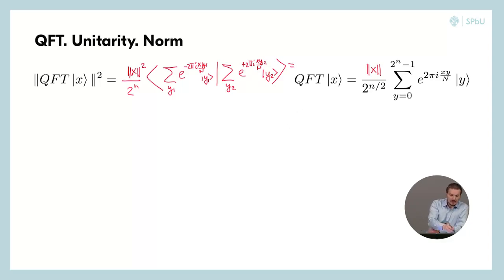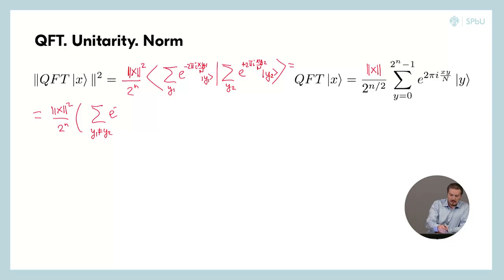Okay, now we are going to split this sum this way. In the first place, we are going to place the sum over different y's, y1 does not equal y2.